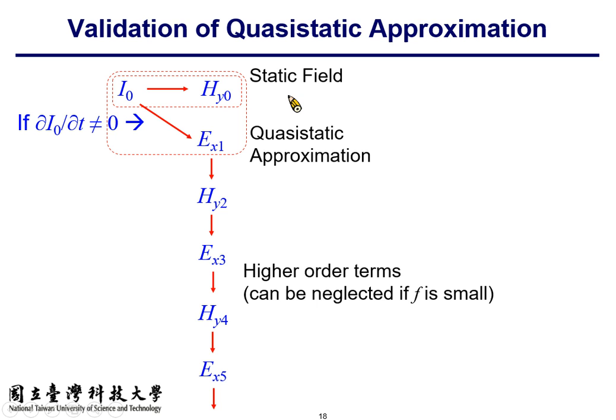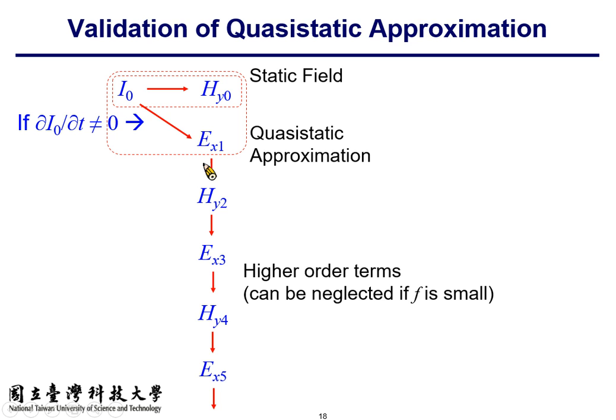Of course, you can have higher order terms, but they only appear when the circuit size is in the same order of the wavelengths that we are interested in.